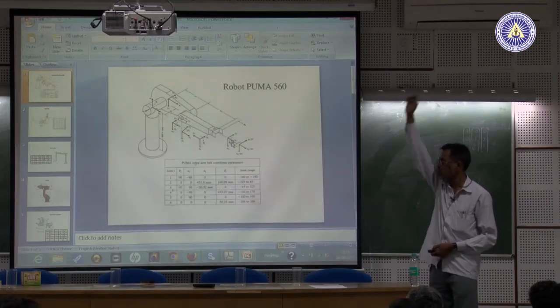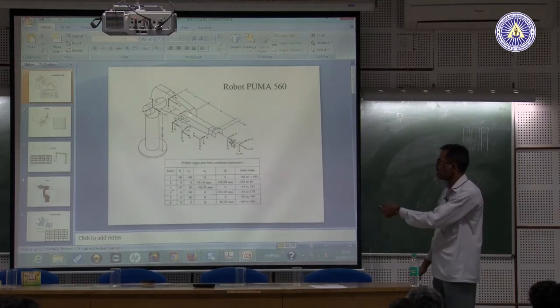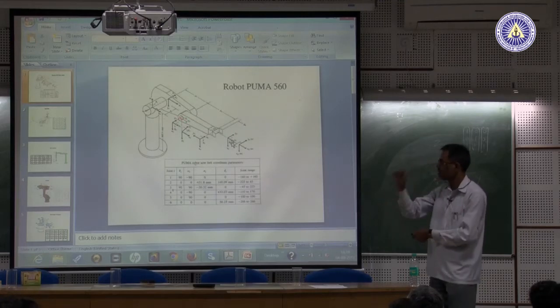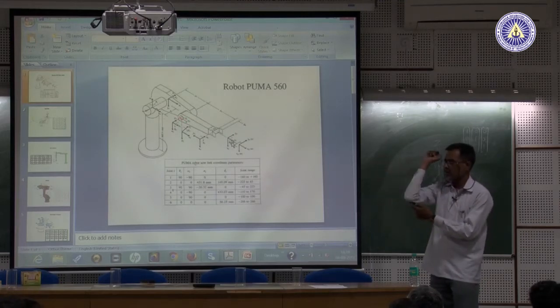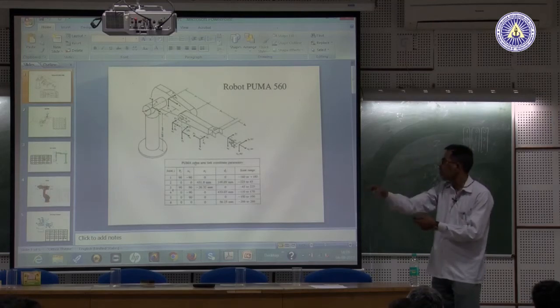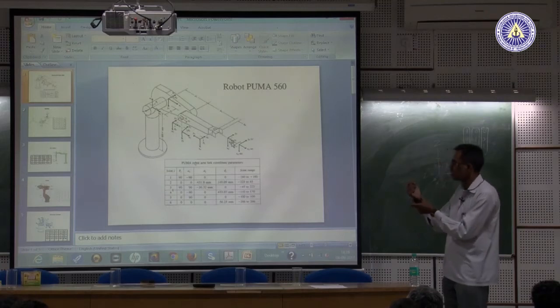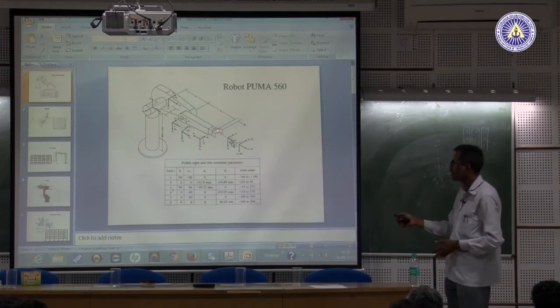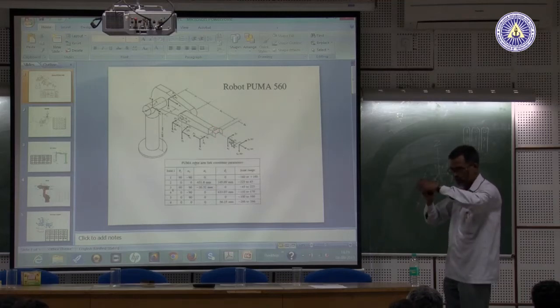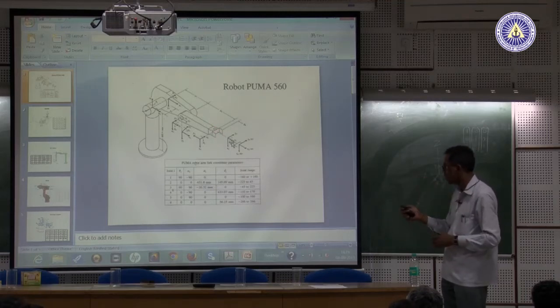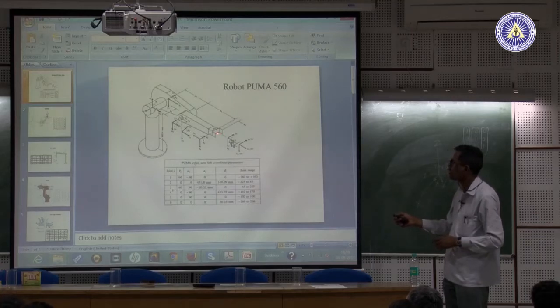And then there is an elbow sweep about this. And then coming here there is a wrist where there are 3 concurrent joints organized in a very funny manner, which give you the orientation. So, theta 4, theta 5, theta 6.